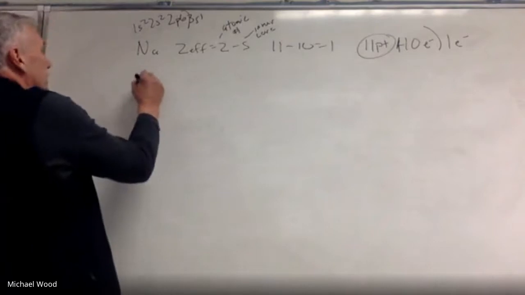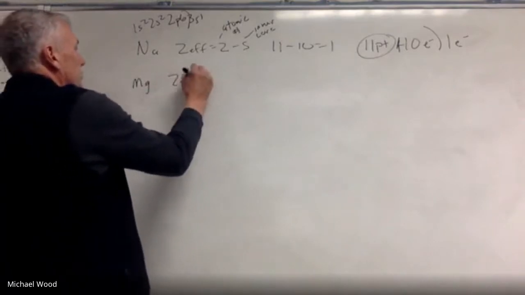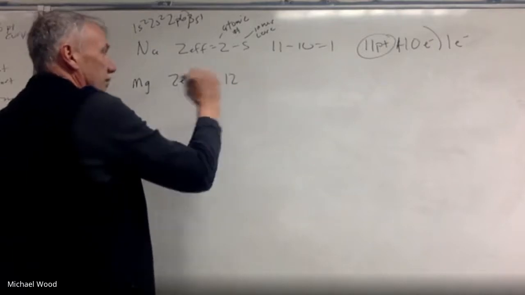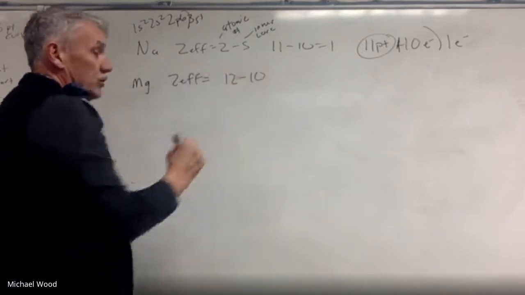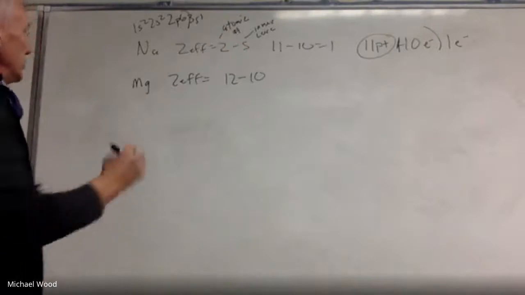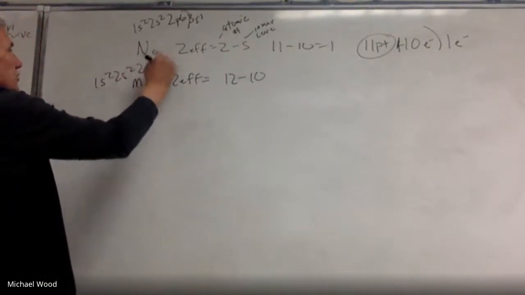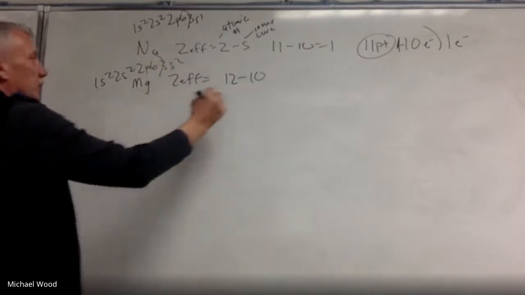Compare that to magnesium. Its atomic number is 12, and it still has 10 inner core electrons. Magnesium is 1s2, 2s2, 2p6, 3s2, so there are the inner core electrons.